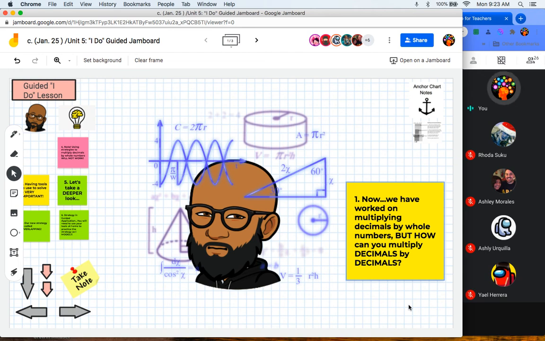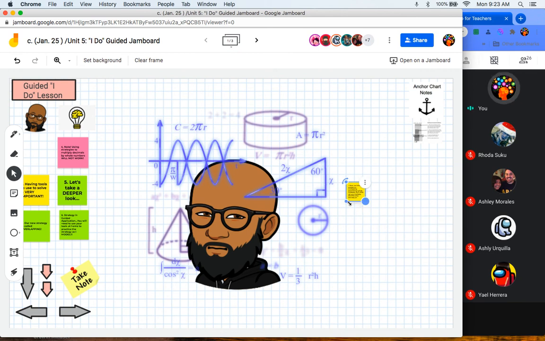Now, the essential question today is we have worked on multiplying decimals by whole numbers, but how can we show multiplying decimals by decimals? That's our essential question today.